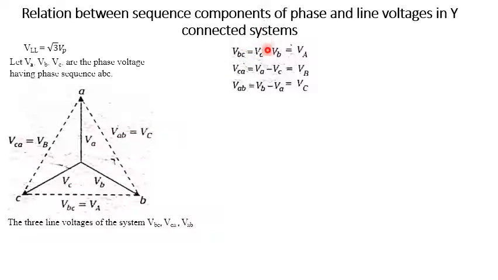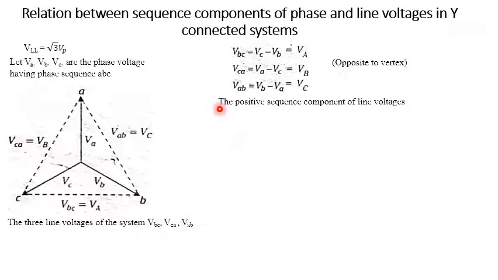You can use whatever you feel free to use. So similarly, opposite to the vertices, BC is VA, CA is VB and AB is VC. Then we understood the relation between the phase and the line voltages.